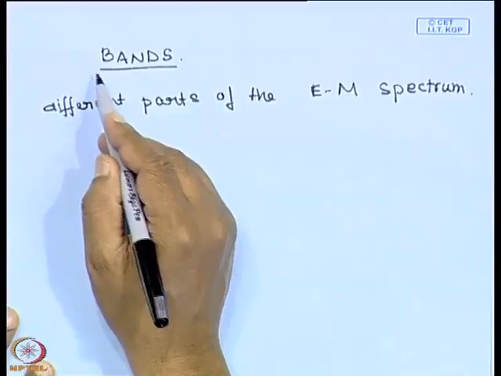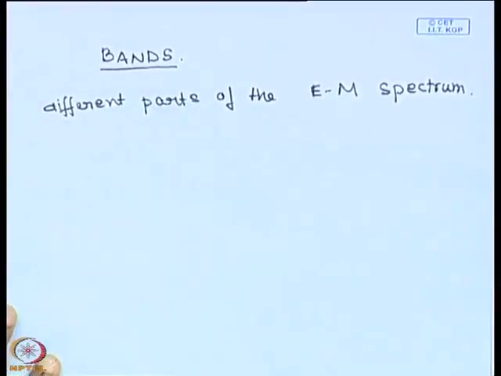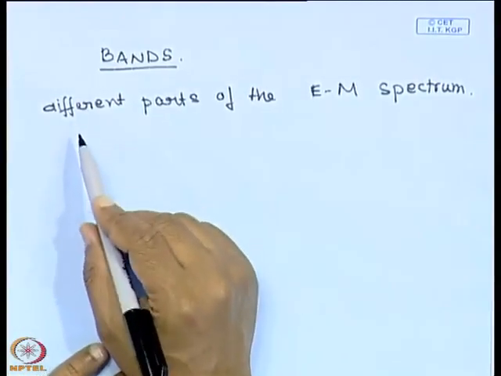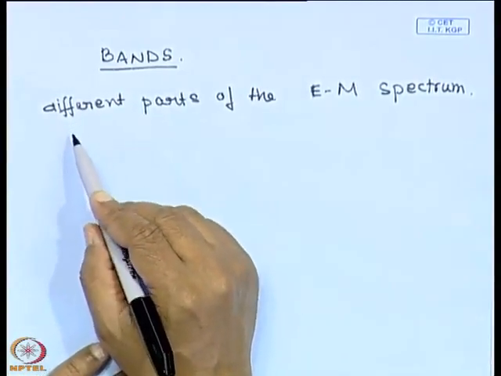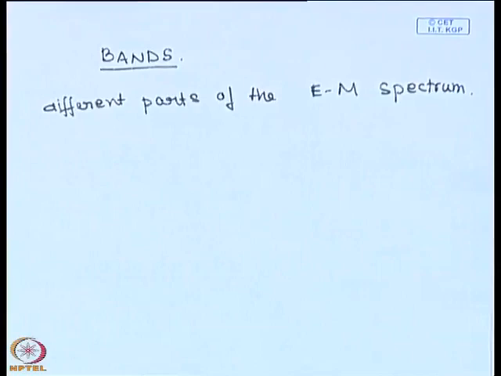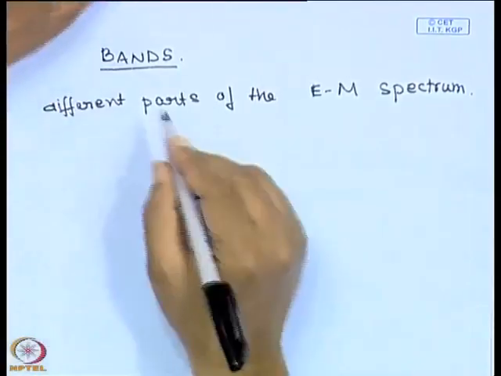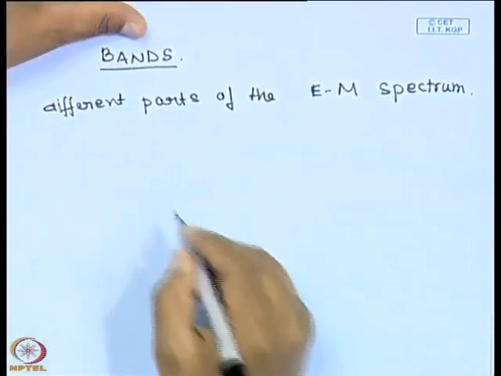These observations are targeted at measuring the flux from a given source, and the flux is measured in a specified wavelength range which is referred to as bands. So, each band refers to a different part of the electromagnetic spectrum, and the band is implemented through filters.